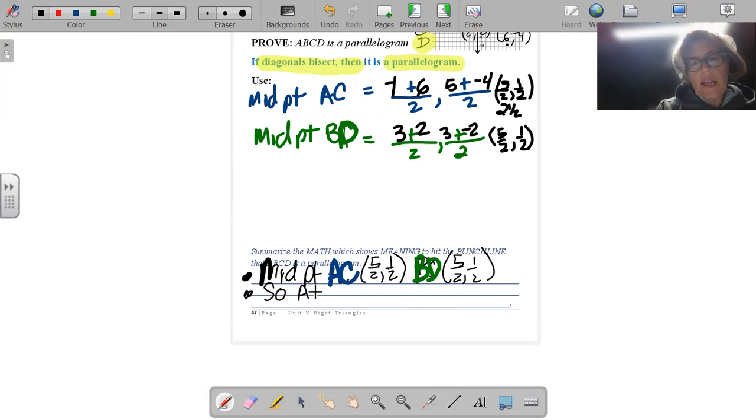So AC bisects BD and BD bisects AC. Punchline.